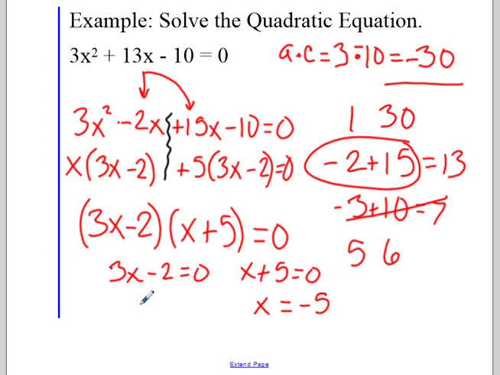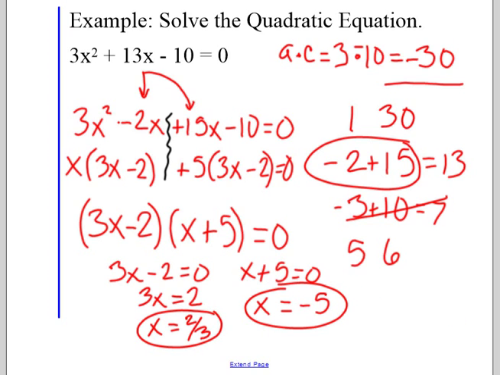Let's add 2 to both sides and end up with 3x equals 2. Divide by 3 on both sides and x equals 2 thirds. 2 thirds and negative 5 are my two answers for x.